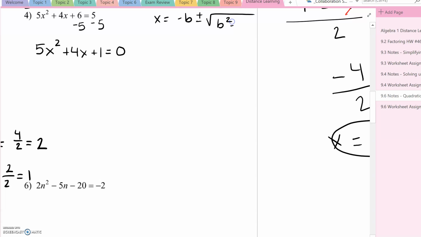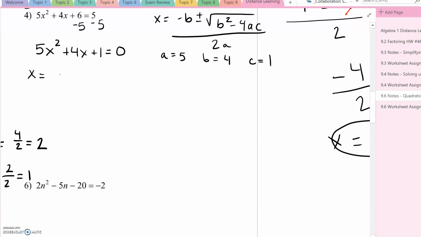Let me write my quadratic formula for myself. And even though you don't have to memorize it, you'll probably write it so many times, you'll have it memorized. So our a value here is 5. Our b value here is 4. And our c value here is 1. So we can just plug those in.